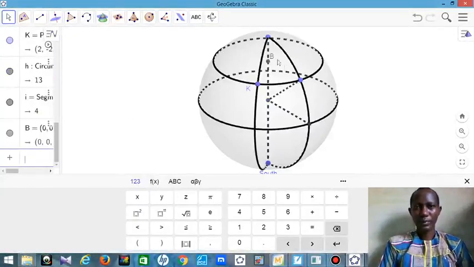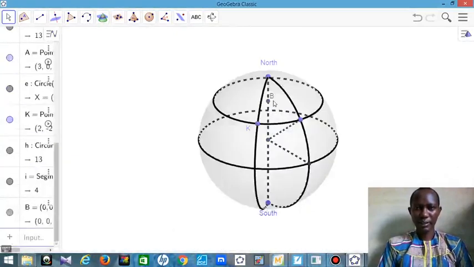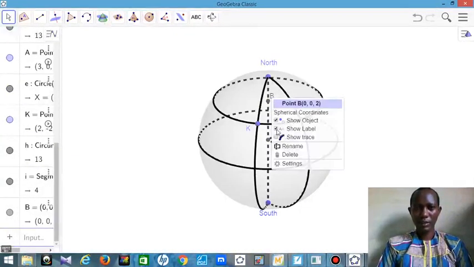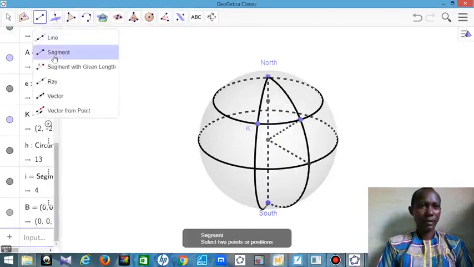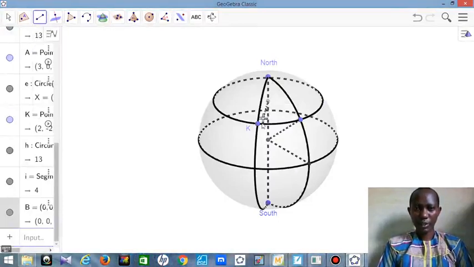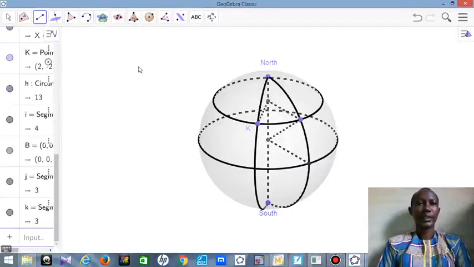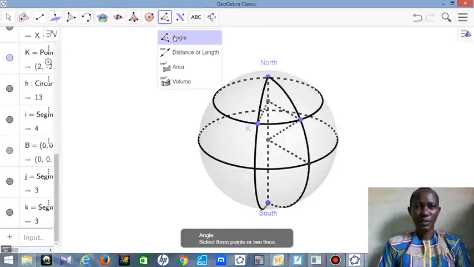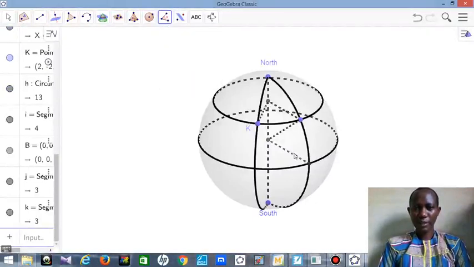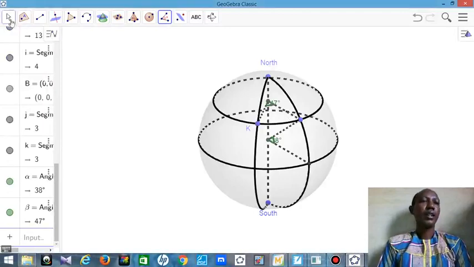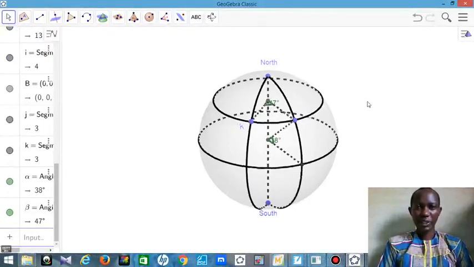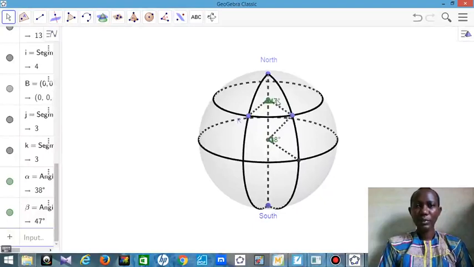Let me hide this also. So I need my small radius line. So from this point, this is our small radius line. Then let's put our angles. Angle between reference to here. Angle between reference to here. So this is the interpretation of this question.